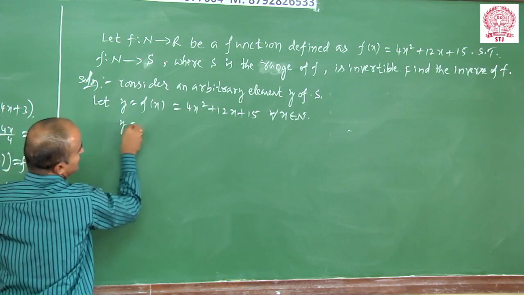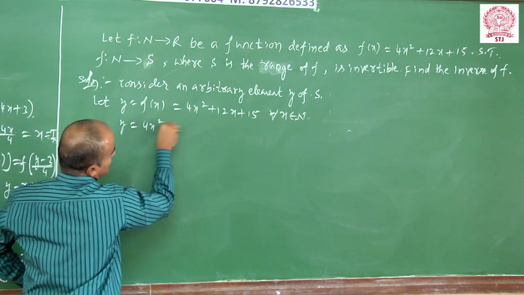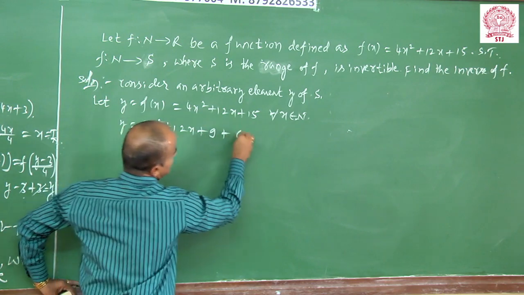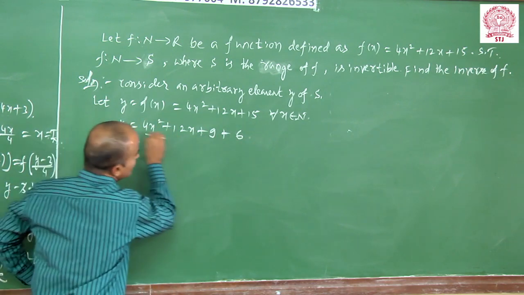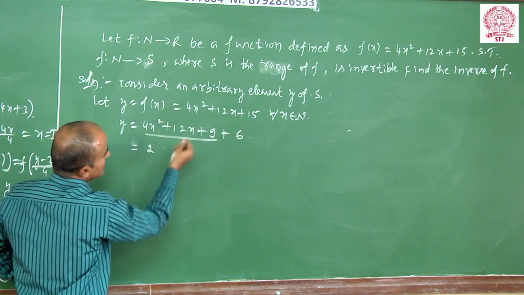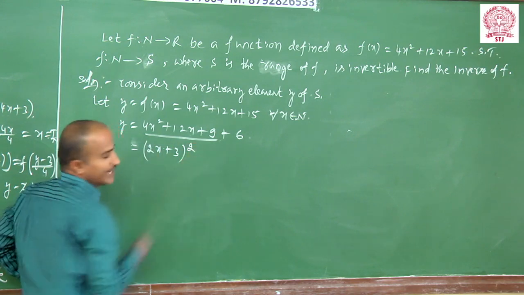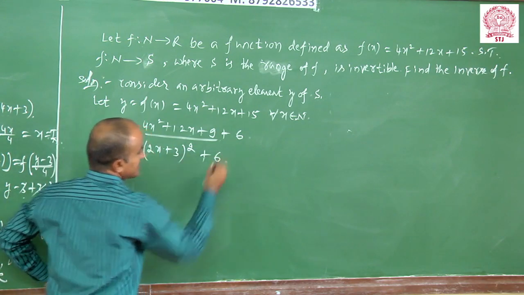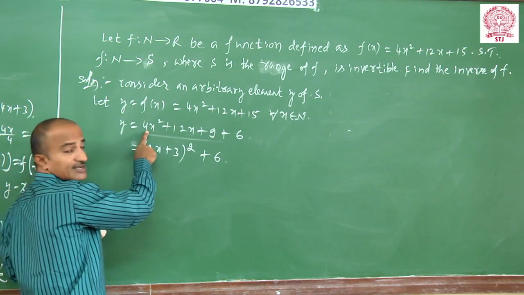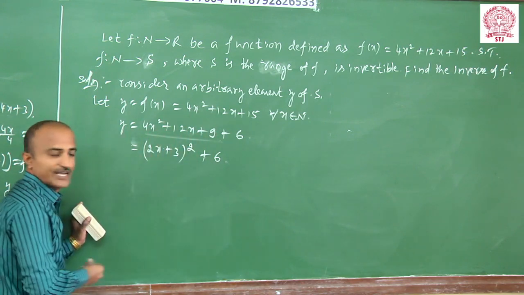To solve that, we shall complete the square. 4x square plus 12x plus 15 can be rewritten as 4x square plus 12x plus 9 plus 6, which is (2x plus 3) whole square plus 6, using a square plus 2ab plus b square equals (a plus b) whole square.